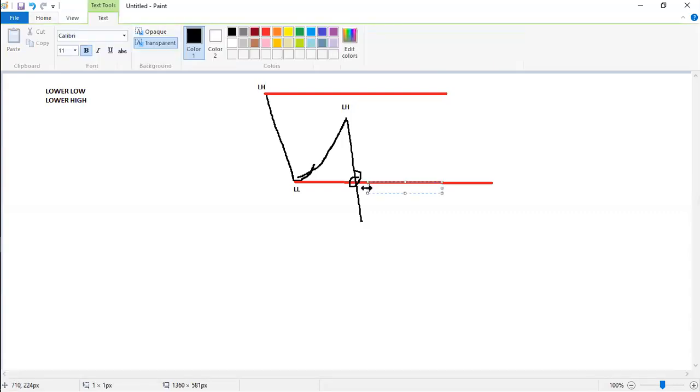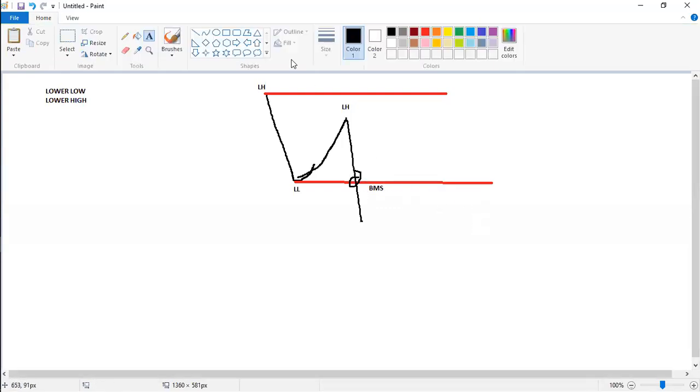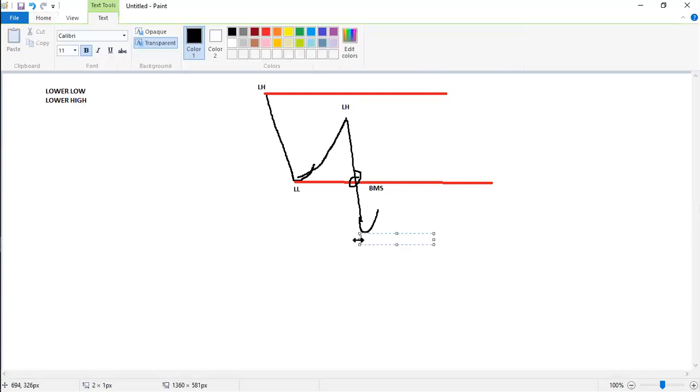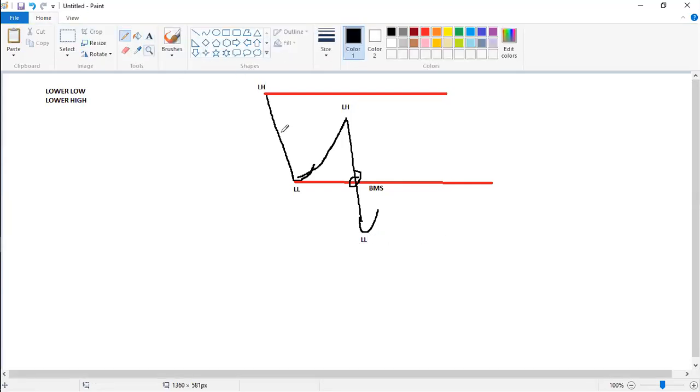And then what is this? BMS. Then we have a new lower low. Price goes up, lower high, and then BMS.